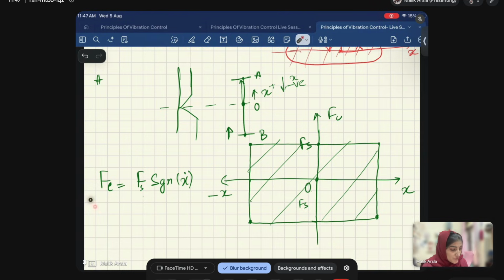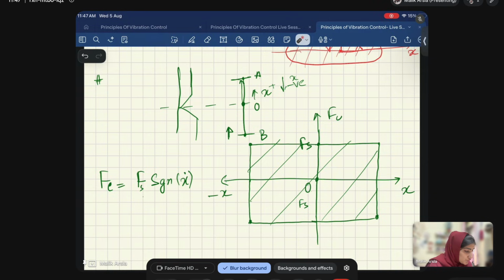This friction force is given by F_s, which is a constant force, into signum of x dot. Signum of x dot basically gives the sign of the velocity.